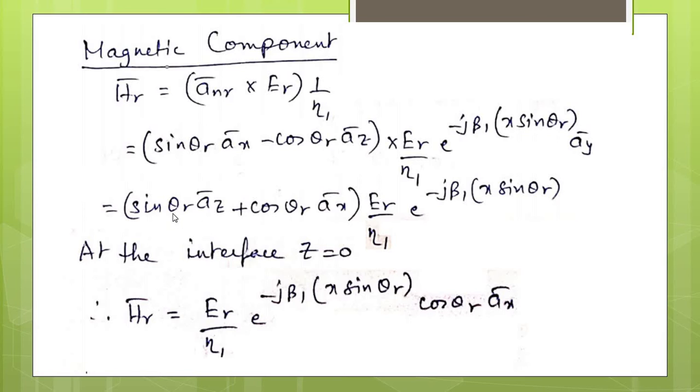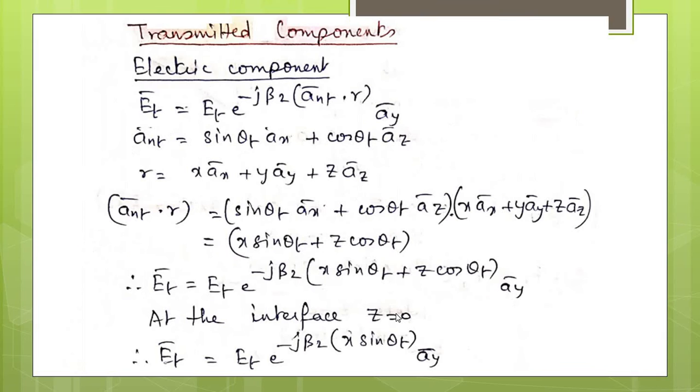So we get sin theta_r a_z plus cos theta_r a_x into E_r by eta_1 e power minus j beta_1 x sin theta_r. Again at the interface put z is equal to 0. Therefore H_r is equal to E_r by eta_1 e power minus j beta_1 x sin theta_r into cos theta_r a_x.